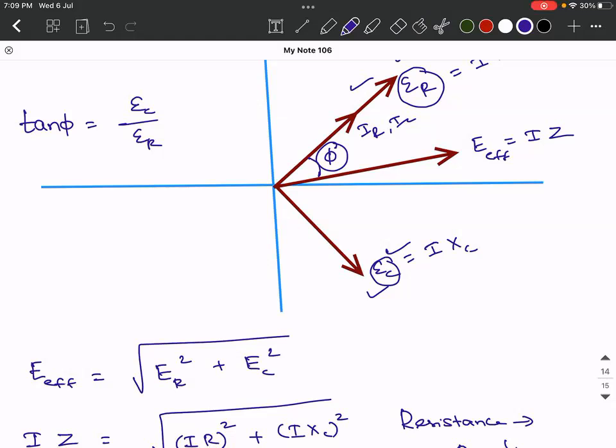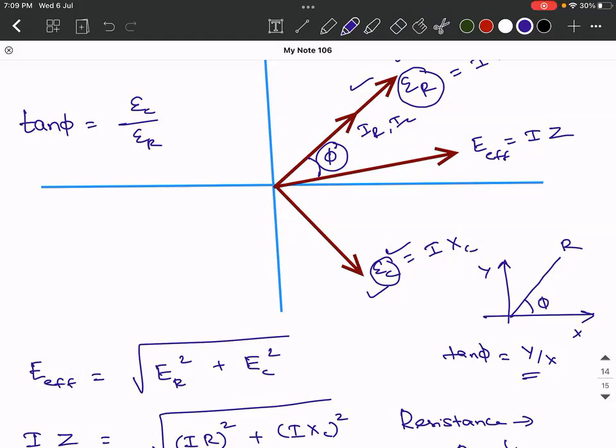They both are perpendicular. Generally, phi is always taken with respect to the resistor part only. Okay. So you take that as tan phi.